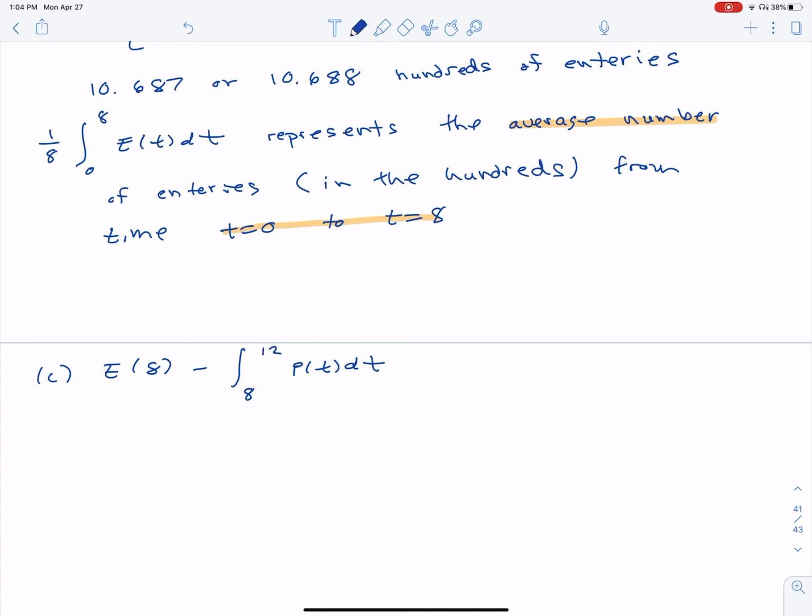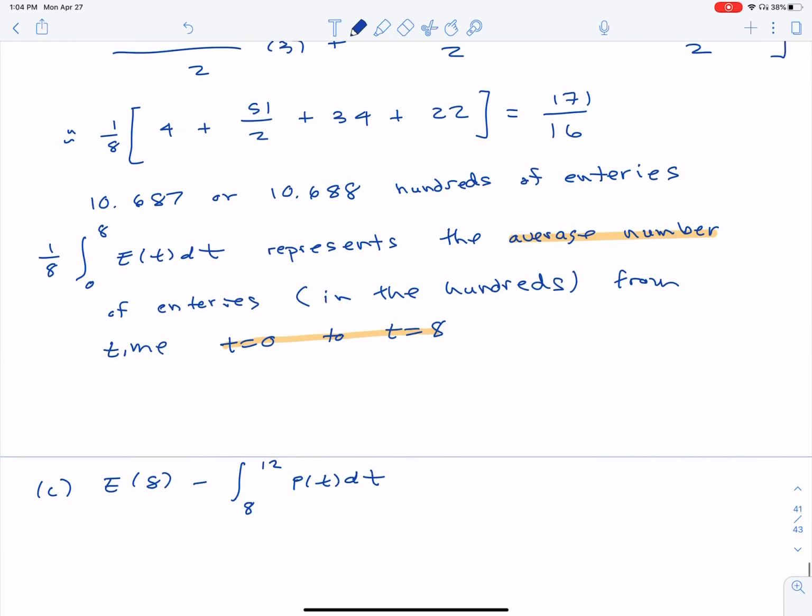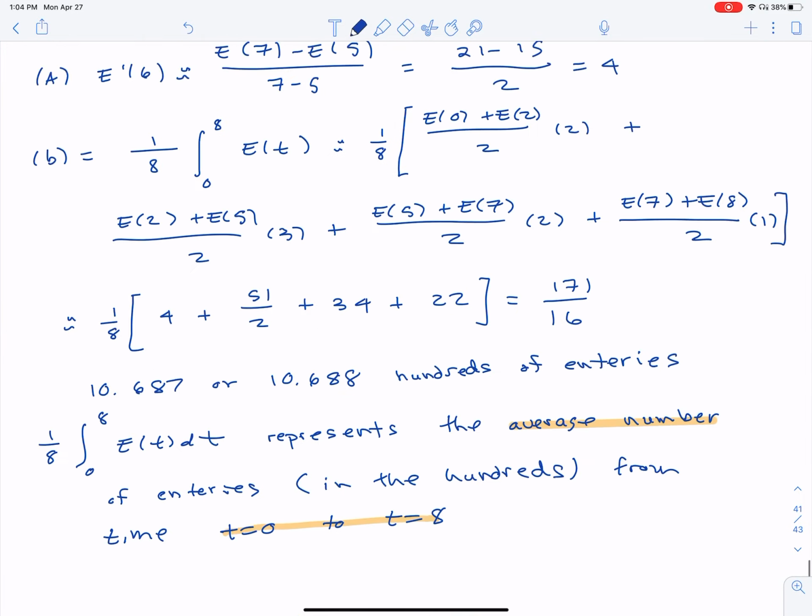So the E of 8 is going to give me the number of entries processed. The integral is going to give me the displacement, right? Sorry, let's repeat that because I said it wrong. E of 8 is going to represent the number of entries in the box at time equals 8. The integral from 8 to 12 is going to represent how many entries were processed from the time 8 to 12. So let's do that. So E of 8 is 23.